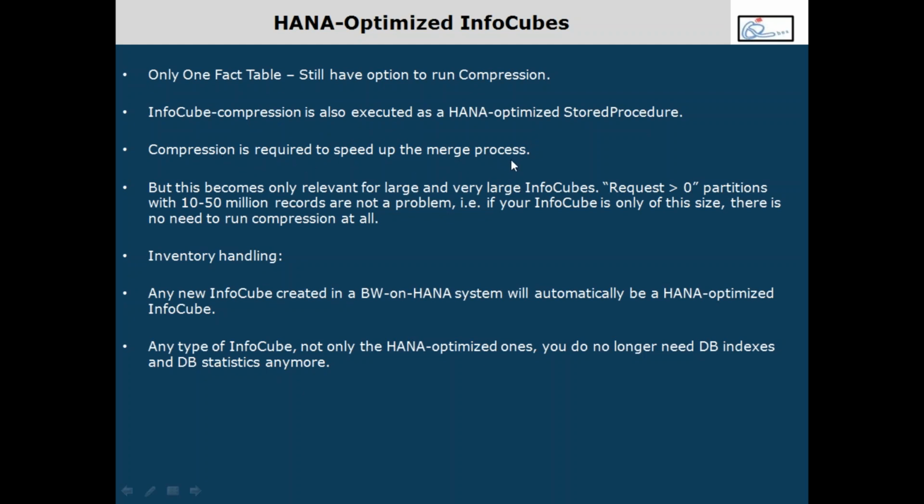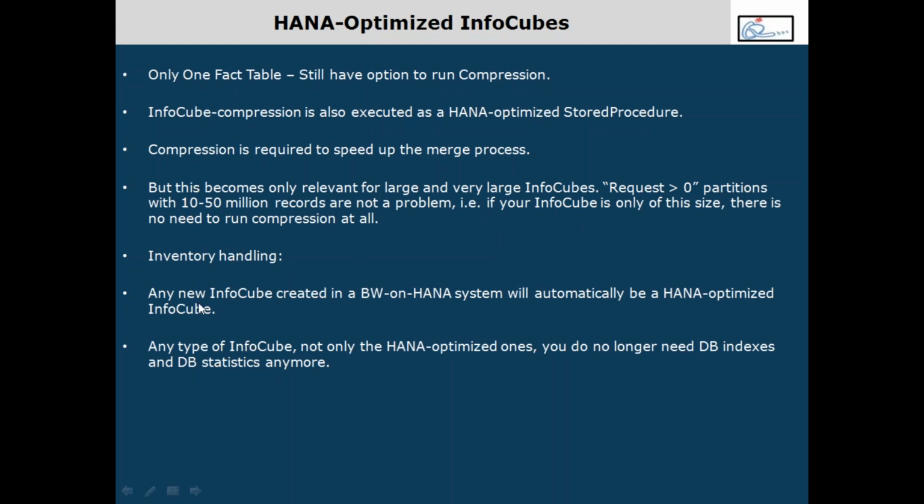Compression is required to speed up the merging process, and it becomes relevant only for large and very large cubes. Requests of 10 to 15 million records can still be handled, but if it is more than that, it can affect your merging process.